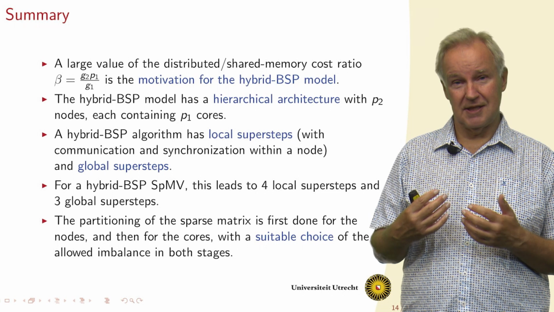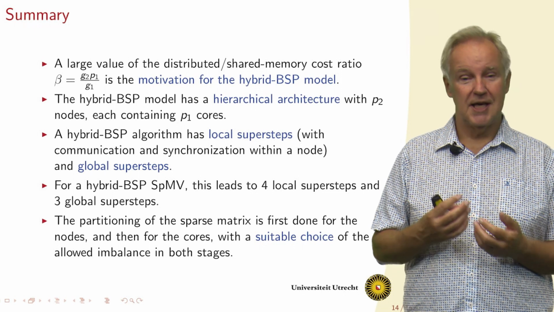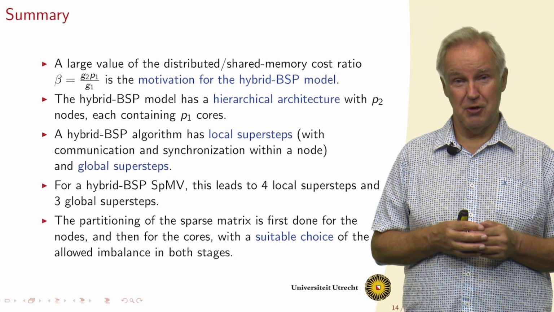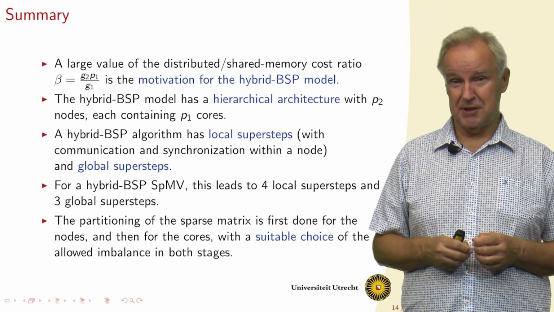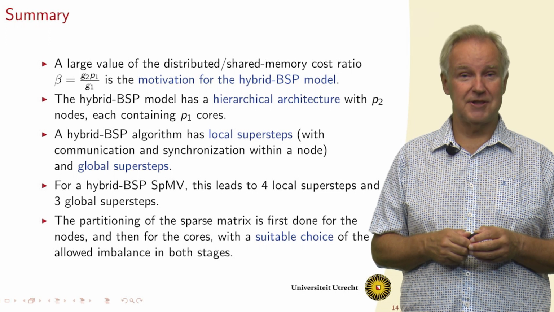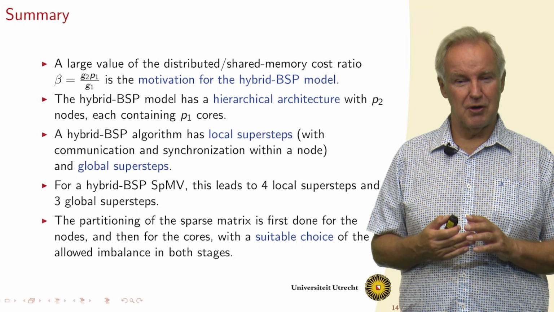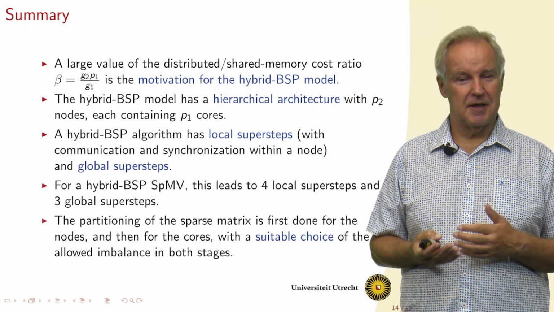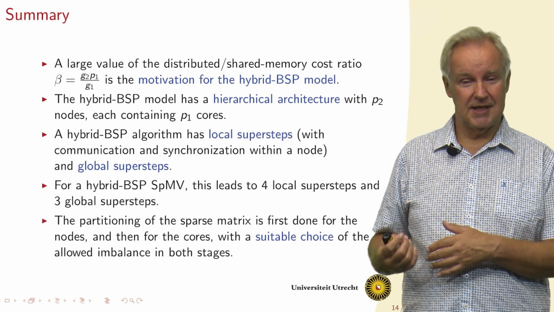And if we then write an algorithm, we have both local supersteps within a node and global supersteps that encompass all nodes. Then, if we apply this to our BSP algorithm for sparse matrix vector multiplication, we get altogether 7 supersteps, which are 4 local ones and 3 global ones. And then we partition the matrix accordingly for the global and then for the local.